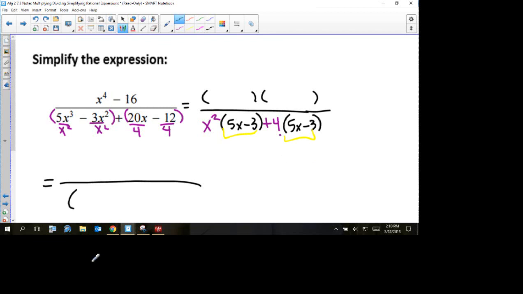And then what's left over? x squared plus 4. Remember that is factoring by grouping. We spent a very long time on factoring. This is how math works. If you learn it, you have to commit it to long-term memory because it will keep coming back.